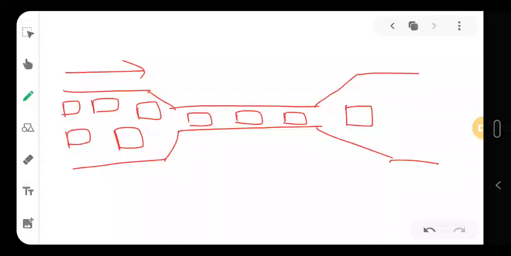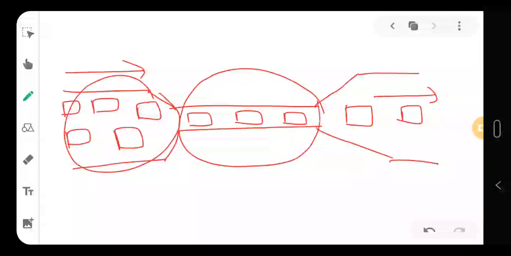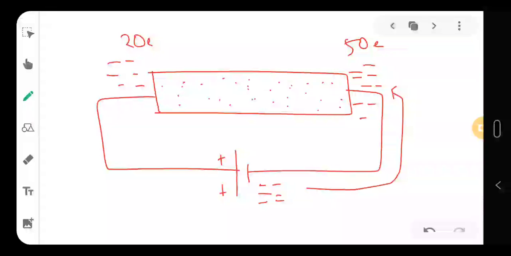At the end only one by one cars go, but here we have lots of cars. This is happening because of resistance. All the electrons are not able to go to that side easily, so there is a difference in the density of electrons: higher here, lower here.